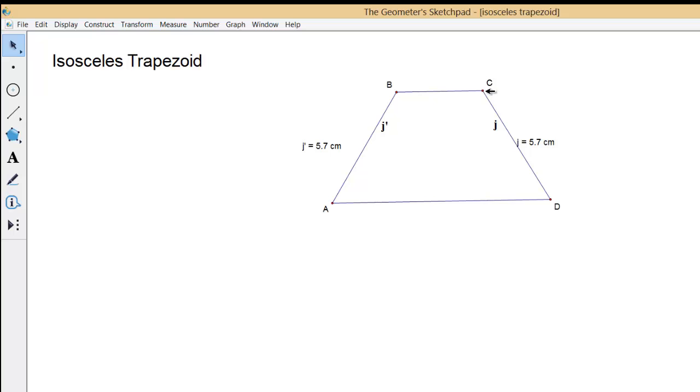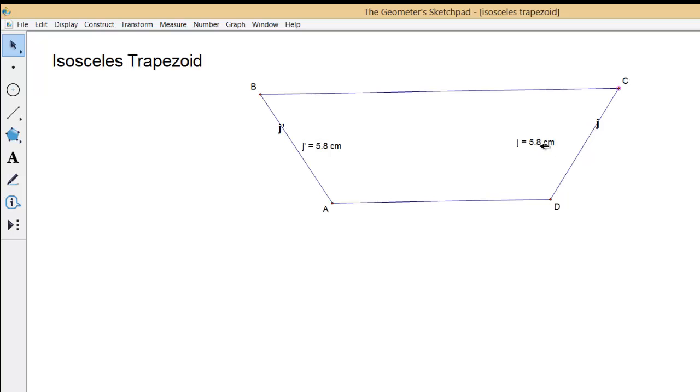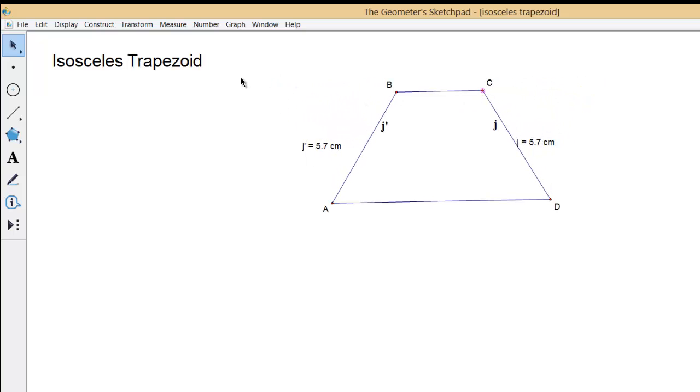So we can change the appearance, and we still have our non-parallel sides equal to each other. So that's, by definition, the feature of an isosceles trapezoid that makes it different from a regular trapezoid. So let me write that here. Legs are equal.